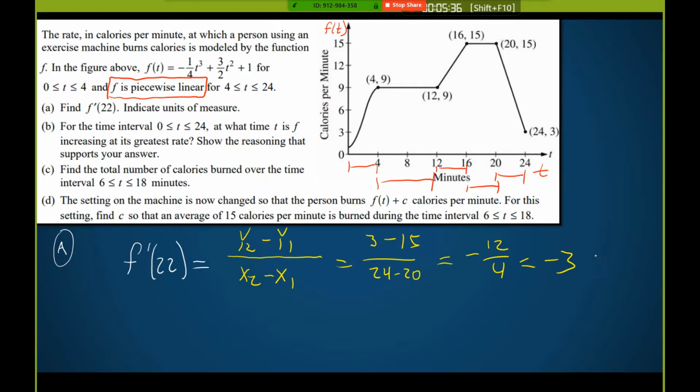That's it. So that tells us that our calories per minute are decreasing by 3 every minute. Okay, any questions on part A? No.